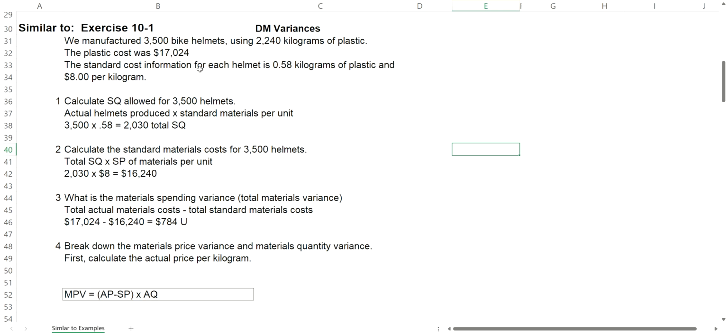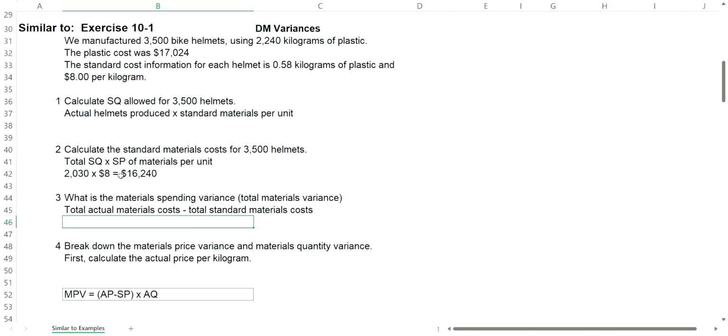Now, for our standard or budgeted, this is given per helmet, 0.58 kilograms of plastic per helmet, and we budgeted to spend $8 per kilogram purchased. Okay, so let's start out with answering some questions before we can actually get to part 4 and doing the calculations. Let's start with question number 1.